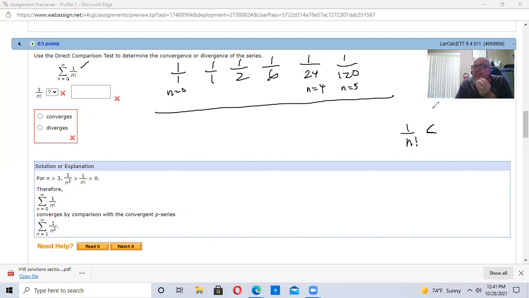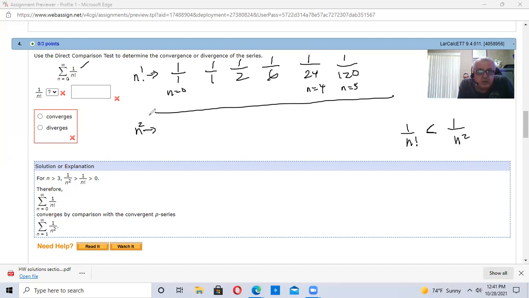And what they're saying in the book is, try using 1 over n squared. And let's try that. So I'm going to use 1 over n factorial, and below this, I'm going to put n squared.